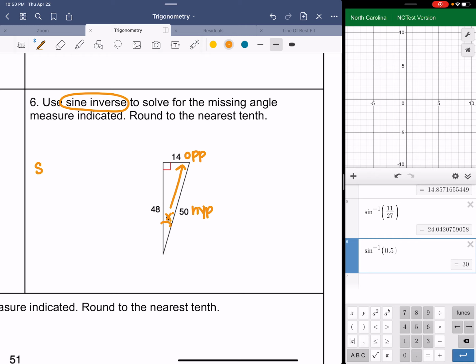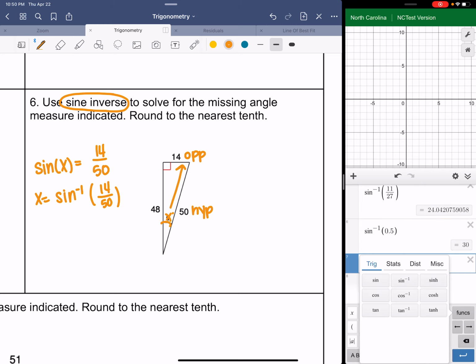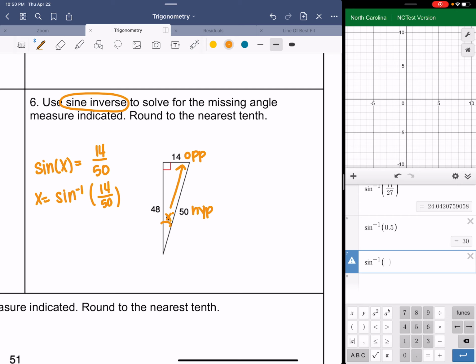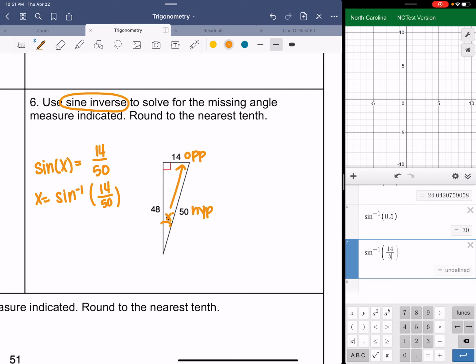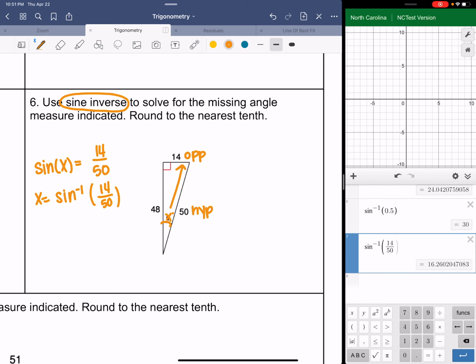So sine of x is going to be 14 over 50. So x is going to be sine inverse of 14 over 50. So function sine inverse of 14 divided by 50 is 16.26, so 16.3 degrees.